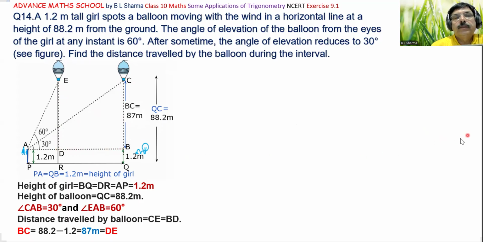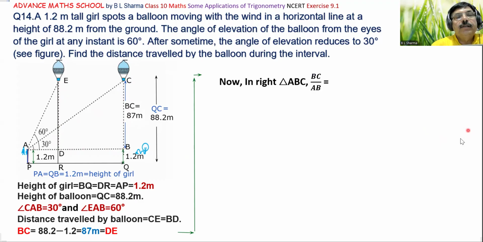So in right triangle ABC, BC upon AB is tan 30. BC is 87, and tan 30 is 1 by root 3. So AB is equal to 87 root 3 meters, meaning from here to here the distance is 87 root 3 meters.